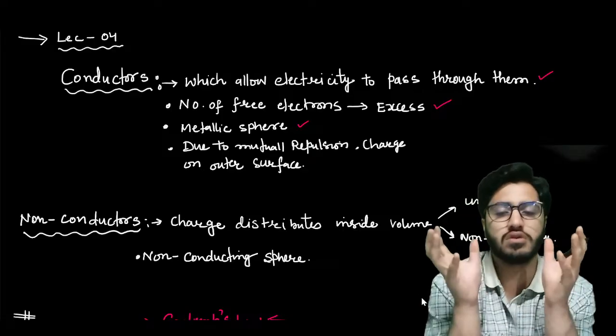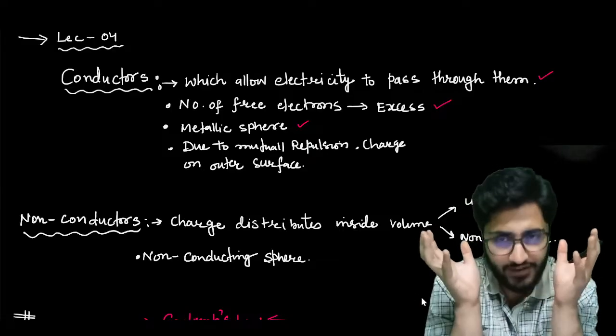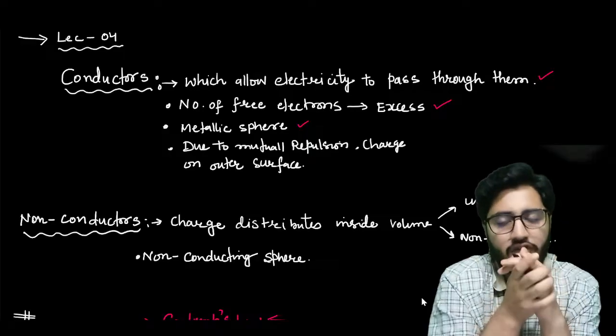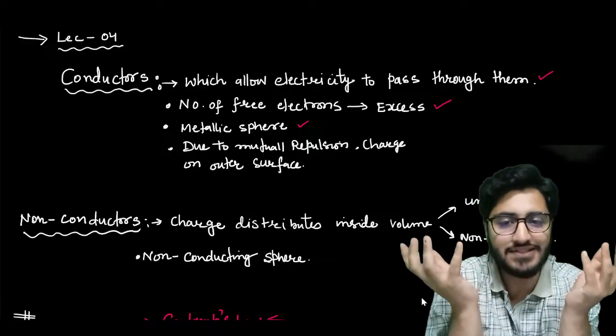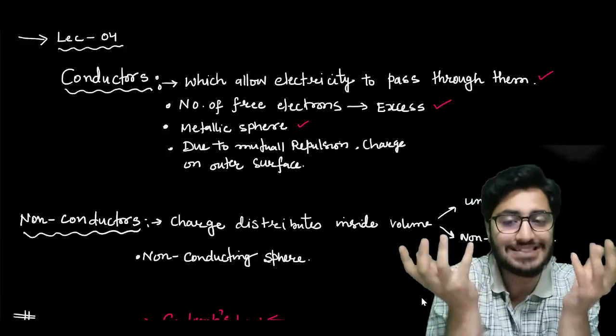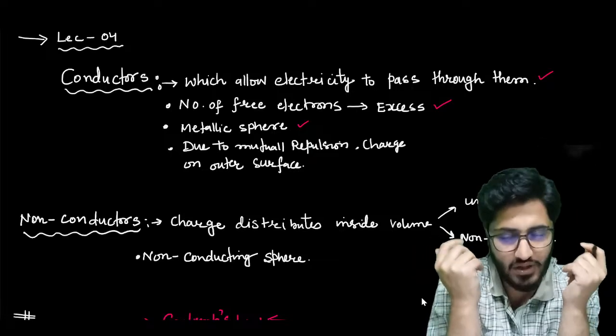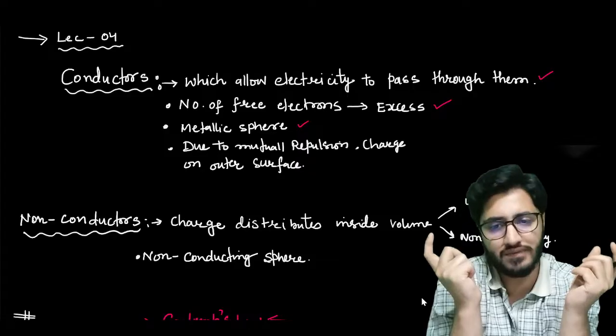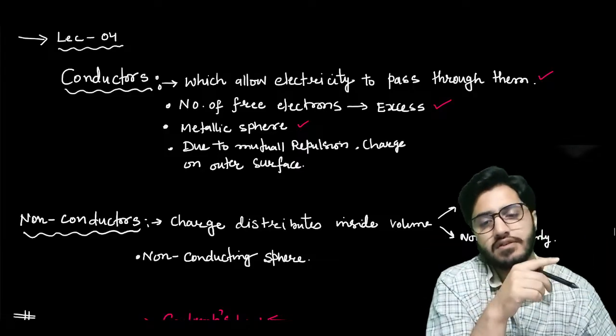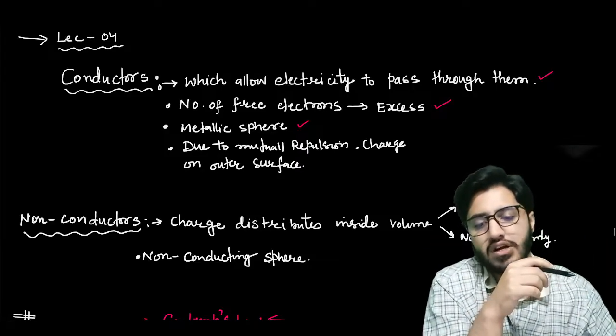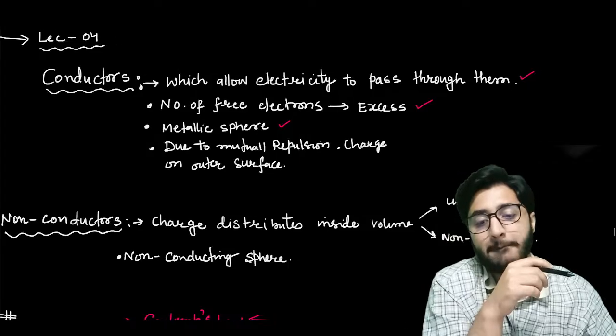Due to the abundance of free electrons, we know that charged particles show one property, that is repulsion or attraction. Due to this repulsion, they try to be at the maximum distance.